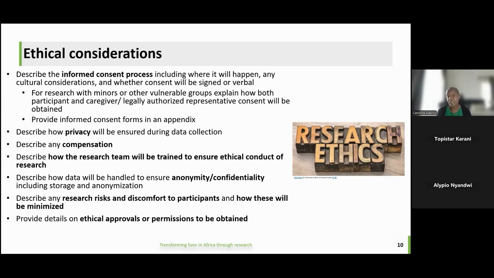And then provide details on ethical approvals or permissions to be obtained. So you will get it from a particular IRB, or you'll also need to get research clearance, which is the case in some of our countries, where you not only need the ethical approval, but you also need the clearance from a government-approved body.